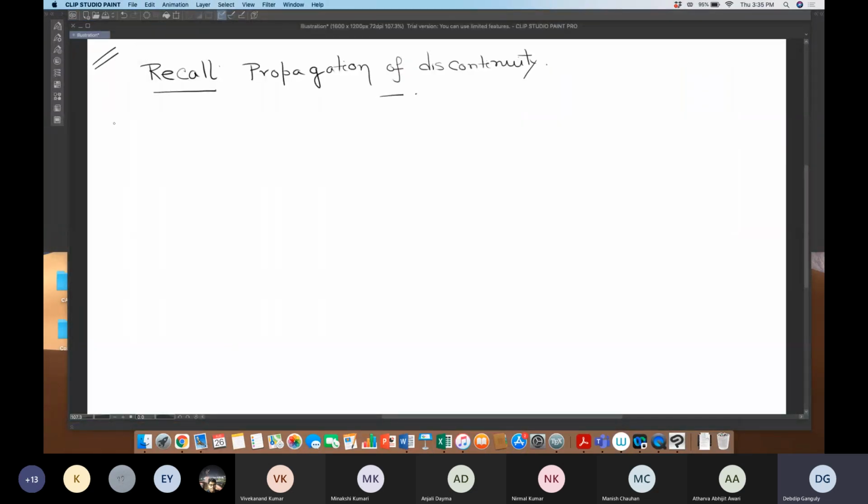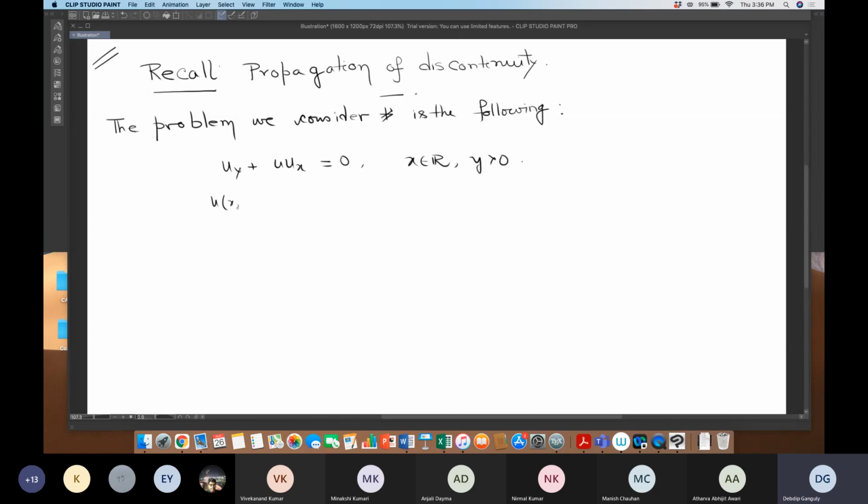You remember the problem we considered is the following: u_y plus u_x equal to 0, where x is in R and y is positive, and u at (x, 0) is equal to h of x. h looks like 1 when x is less than or equal to 0 and 0 when x is positive. We can solve the problem as we know how to do that.